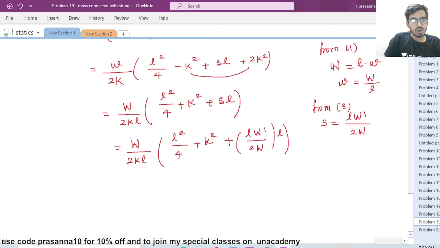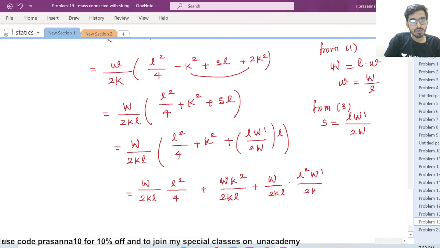SL. Now if you multiply this inside, when you multiply with this term, we will have W by 2kL into L square by 4, plus W k square divided by 2kL, plus W by 2kL into L square W dash by 2W, right?